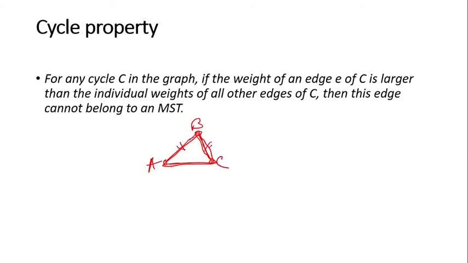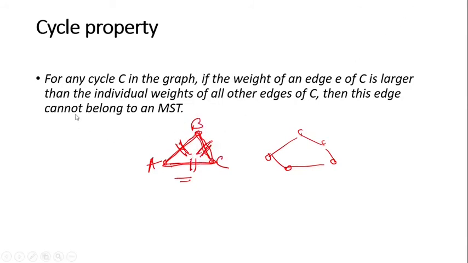So 3 vertices, 3 edges have to participate. Now the triangle comes, and alongside the triangle, you have the triangle inequality property. What is that? The summation of 2 edges is greater than the third edge. You know that, right? Mathematics. So if you bring this property in, problems become much easier to solve.